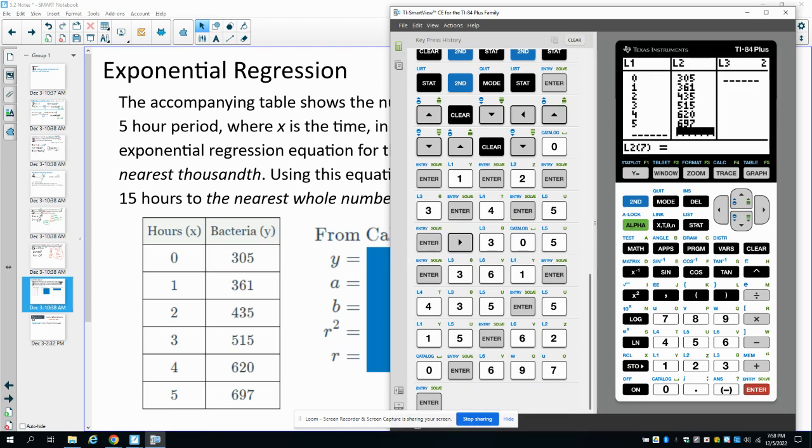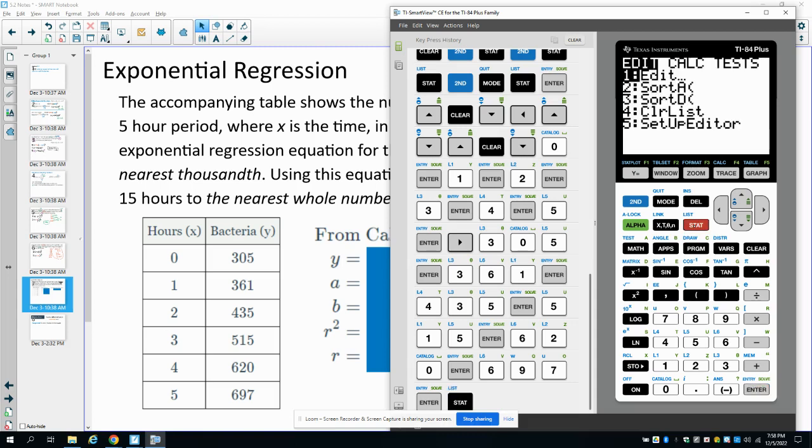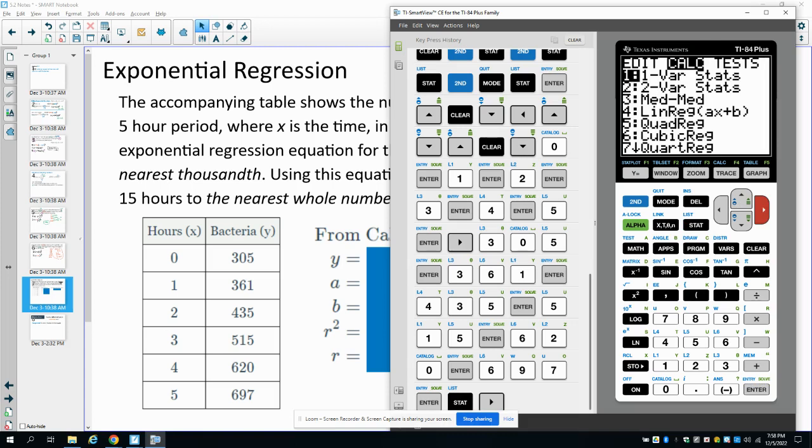Now you're going to go into stat again, and this time you're going to arrow over to the calculate menu. Then go down in these REGs. Number 4 says linear regression, number 5 says quadratic regression, 6 says cubic regression.